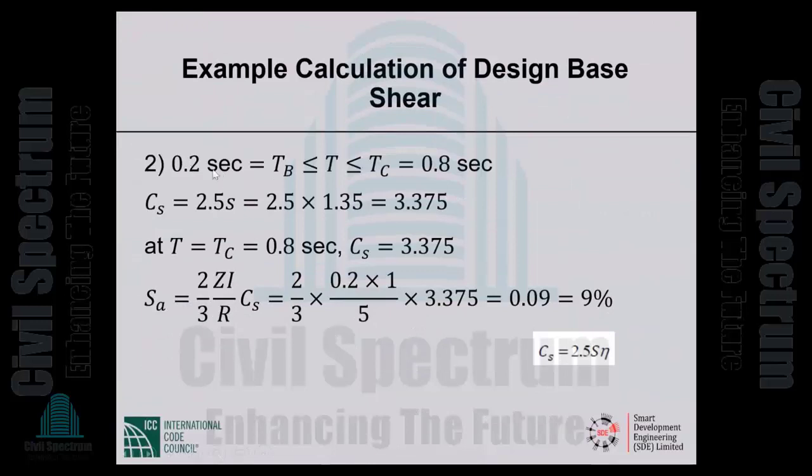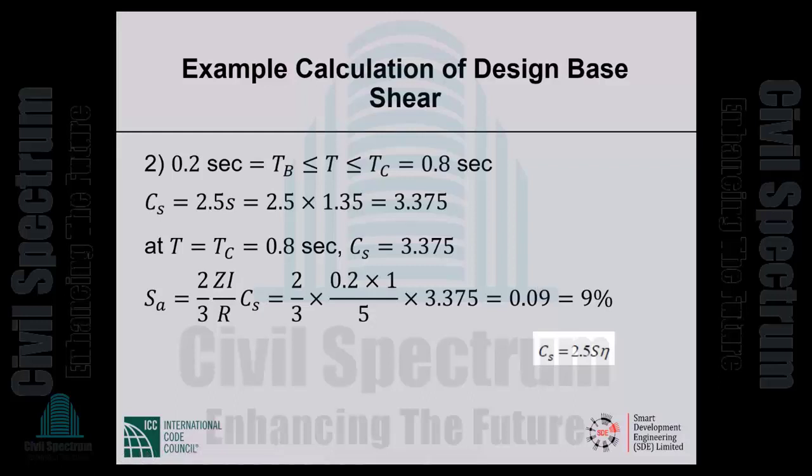Then the flat top, 0.2 second up to 0.8 second, T sub B to T sub C. This is the equation of the flat top. Our eta is 1, so our equation is 2.5 times S. Our S is 1.35, so C sub S is 3.375. We take 3.375, multiply by 2/3, Z of 0.2, I of 1 divided by 5, we get 9% as we should. At the beginning of the flat top, we have 9% value for S sub A, spectral acceleration.